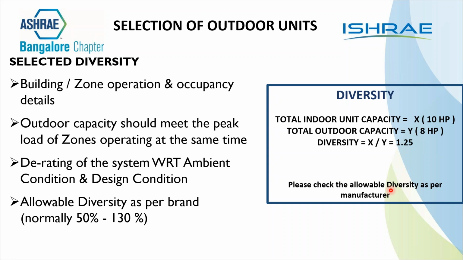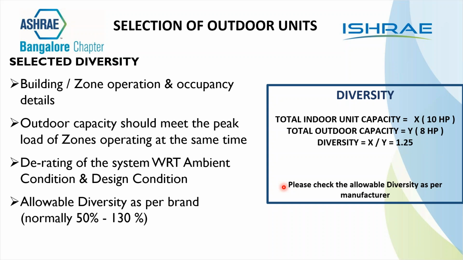Generally, for any kind of application, unless it's an operation theater or similar application where you have constant load, you can safely consider a diversity of anywhere between 20 to 30%. And before you consider this diversity, consider the ambient conditions and the allowable diversity based on the manufacturer's manual. This is how it is advised to select the diversity between indoor unit and outdoor unit.